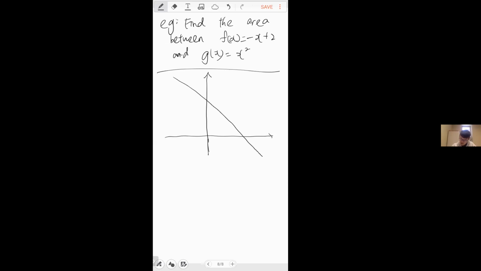And g of x equals x squared, it looks like this. And so the question is, I want to find the area between these two. So the shaded area there.